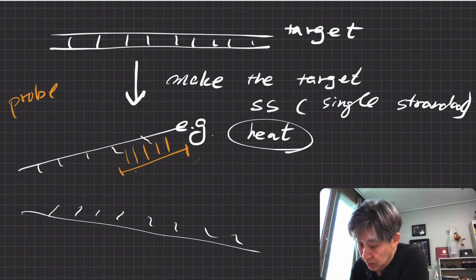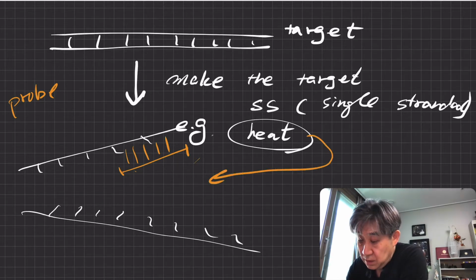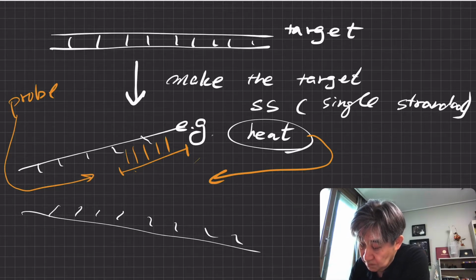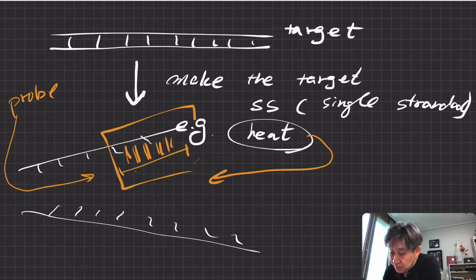So instead of the original complementary base pair interaction, now taking this opportunity, the probe DNA can sneak in to replace the complementary base pair relationship. Although this probe doesn't have to be the same length as the target DNA, you have this complementary base pair in the region over here.